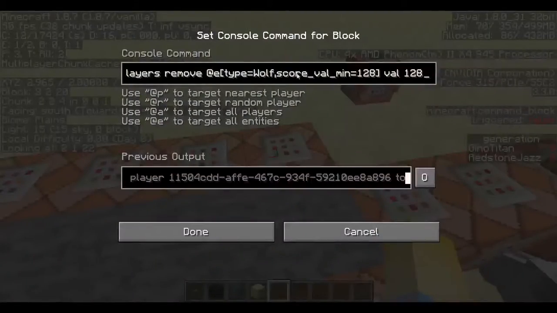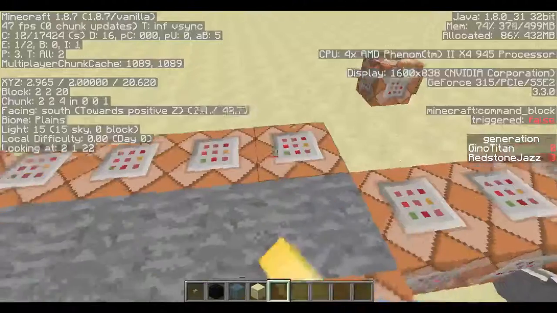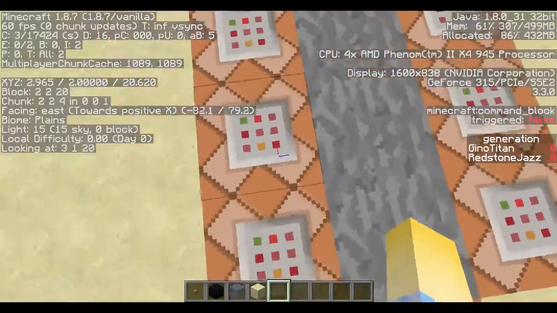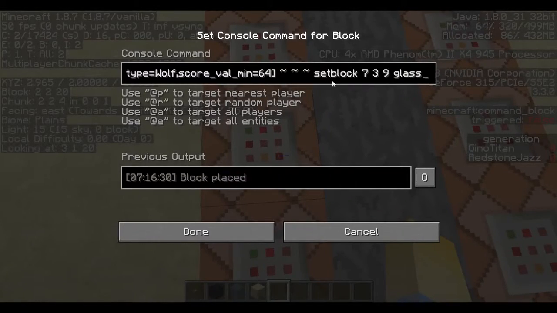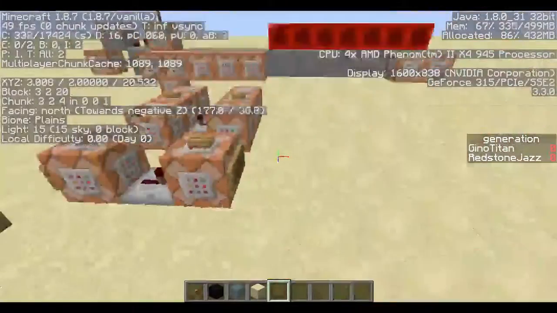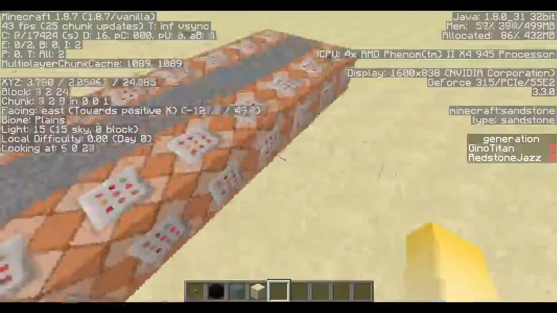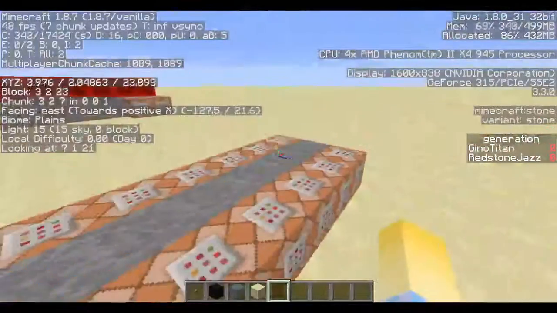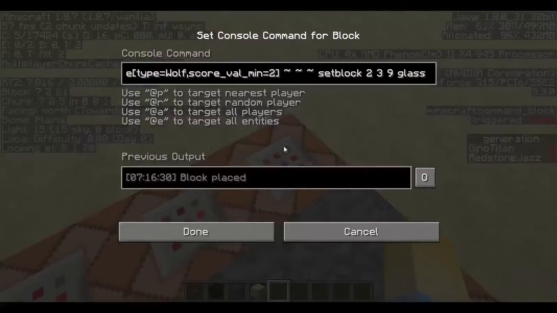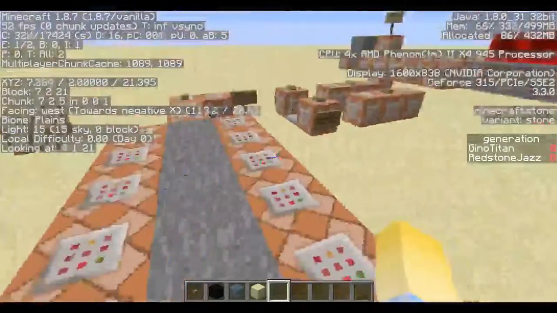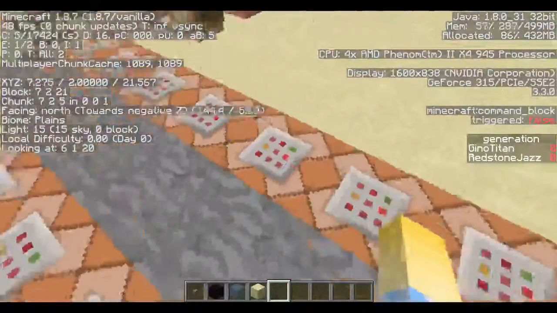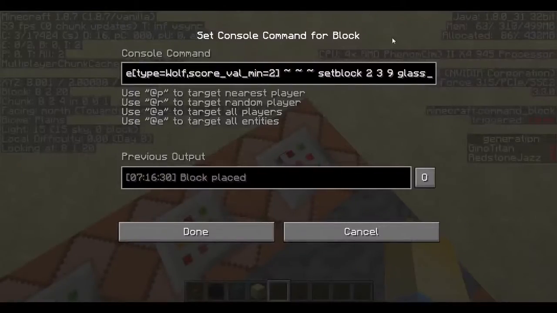And then over here it's going to subtract 128 if it did have 128. So now, if it's at least 64, then we're going to set this one to glass, and then we're gonna remove 64 points if it did have 64 points. So it continues all the way down the line from 32 to 16 to 4, and then all the way to 2. This doesn't use 1 because that would be 0, 0, 0, and they already have that.